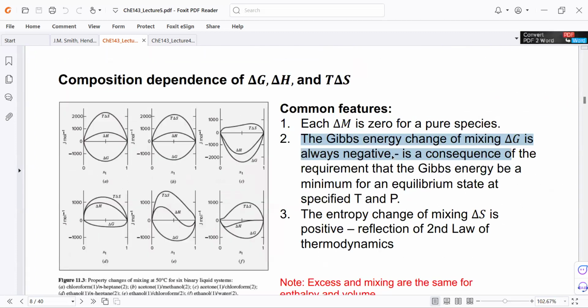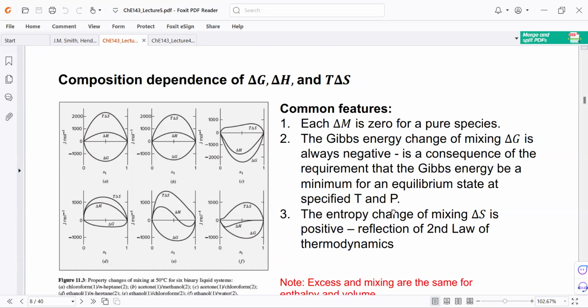When we have a negative delta G, it implies spontaneity. So for a mixing process to occur, a negative delta G means that it's spontaneous. That is because it's a requirement that the final Gibbs energy be minimum for an equilibrium state at specified T and P.